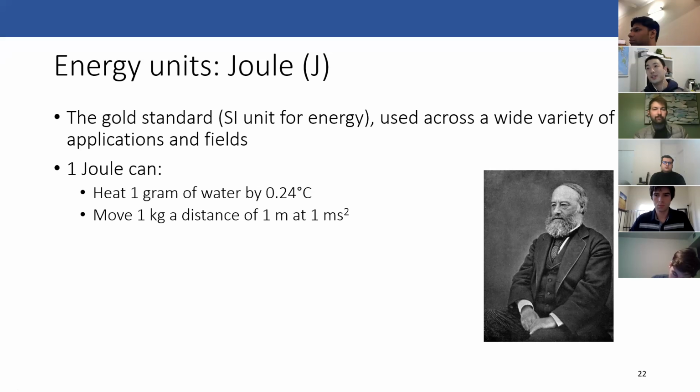Yeah, and so that's an easy sort of way to remember it. It's all sort of in SI units in terms of being able to do this particular work on this object.